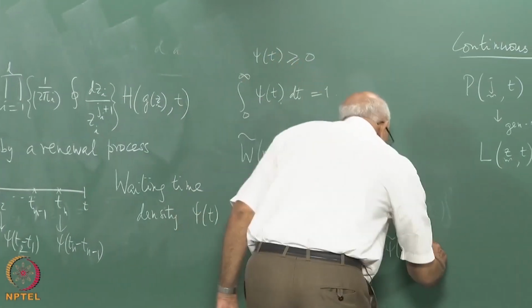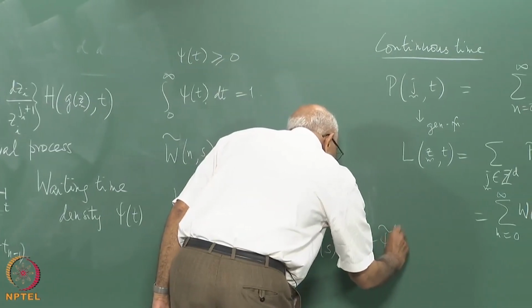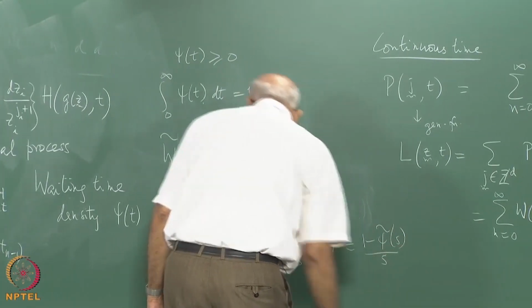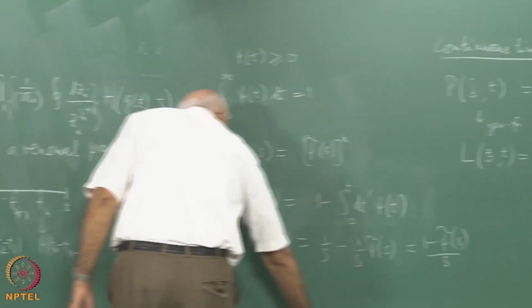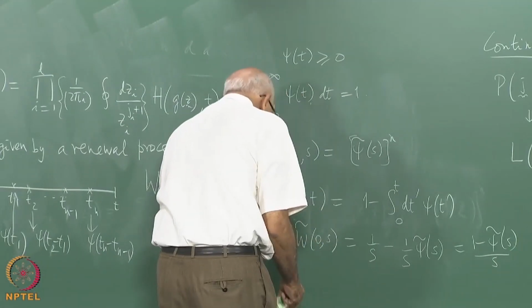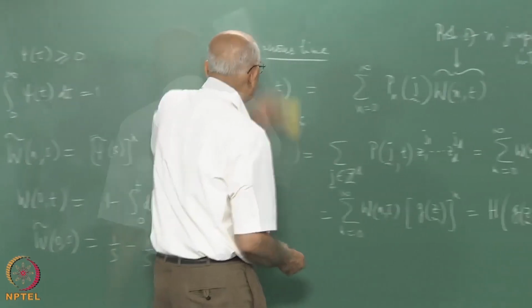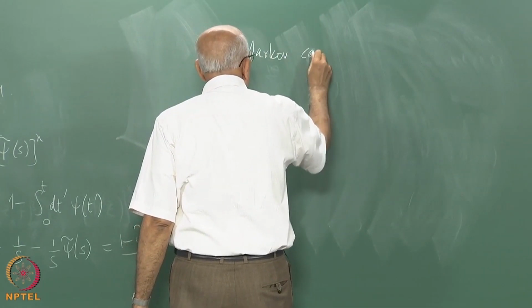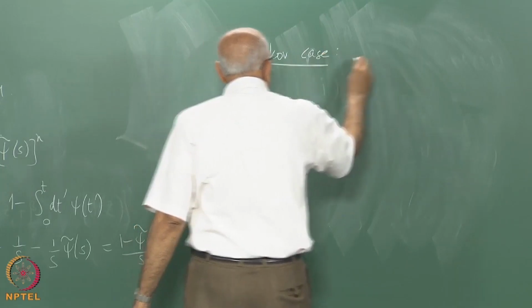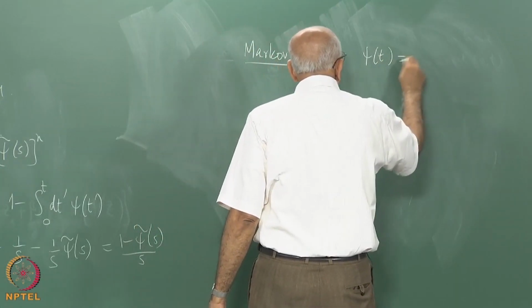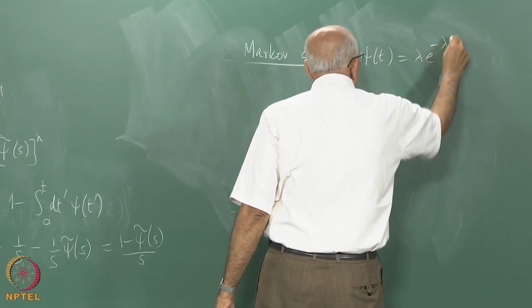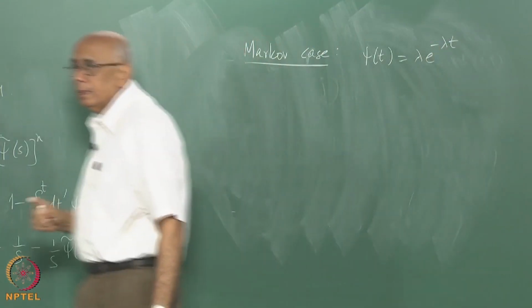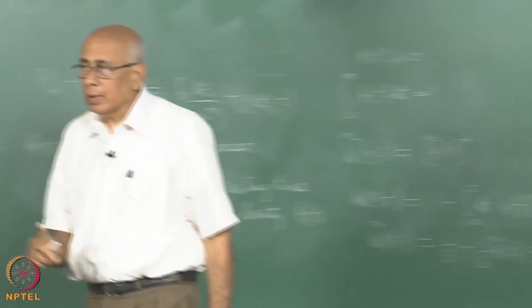So this is 1 minus psi tilde of s, over s, and let us check this against the case we already know, the Markov case. Psi of t equal to lambda e to the minus lambda t, where lambda is some positive constant.